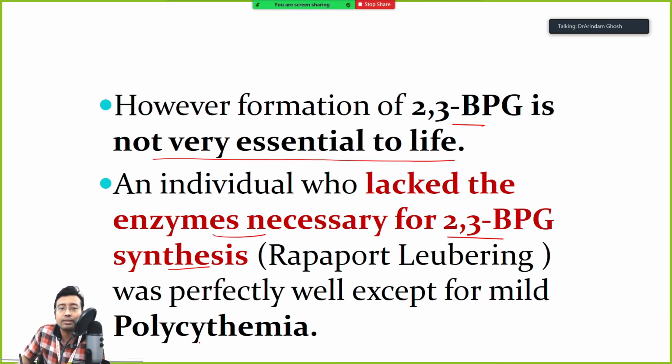Definitely mild polycythemia can happen. The body adjusts in such a way that the amount of hemoglobin or RBC will increase so that they can cope up with the oxygen carrying function. But apart from that, no other problem happens. So even if there is no 2,3-BPG at all, still loading and unloading of oxygen will not be problematic.